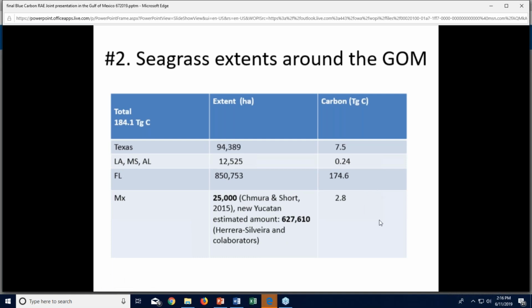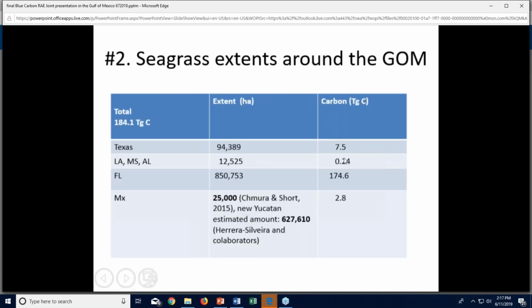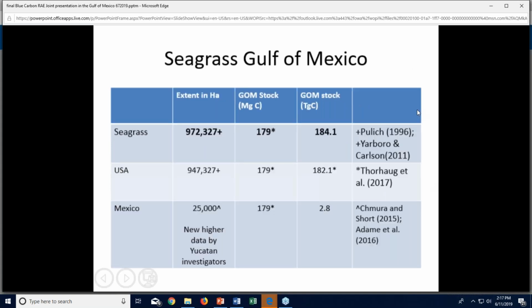The Florida and Texas happen to be extremely well documented, as are the Louisiana ones in the Chandeleur by Larry Handley. So these are the carbon amounts, and you see that Texas has a goodly amount, but Florida has most of the carbon, the Florida seagrasses, in the Gulf of Mexico.